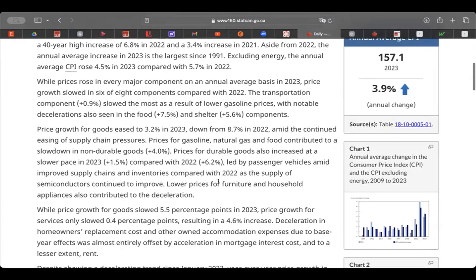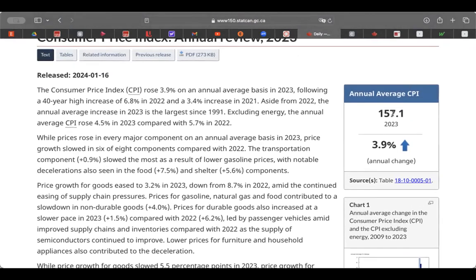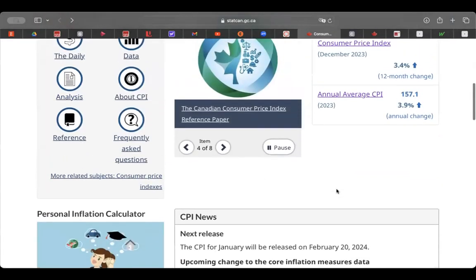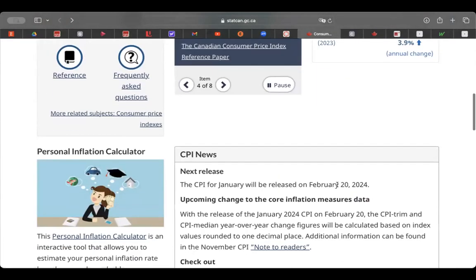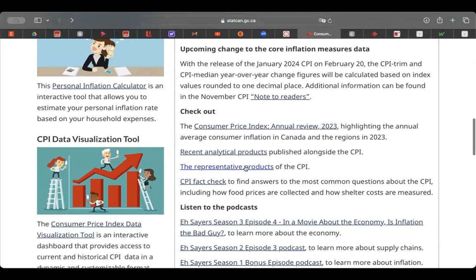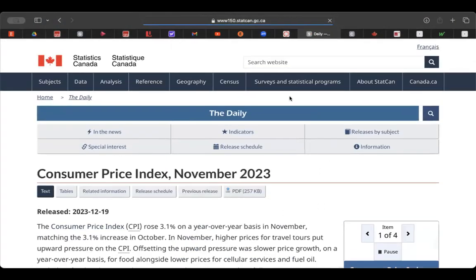I can't seem to find a graph for the actual CPI, for which I apologize. It should be somewhere here. So here you have, for example, what the representatives are.